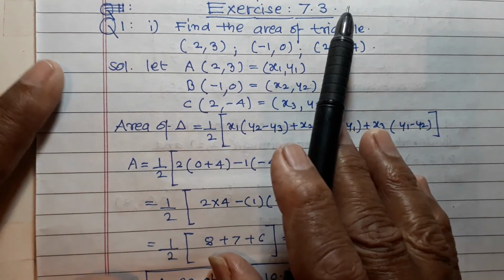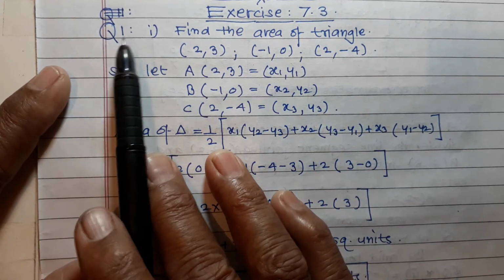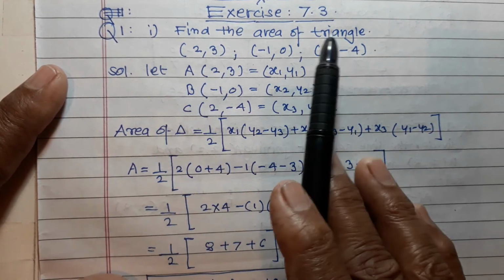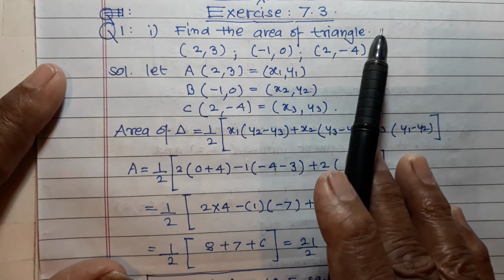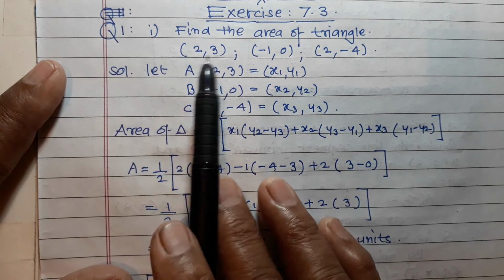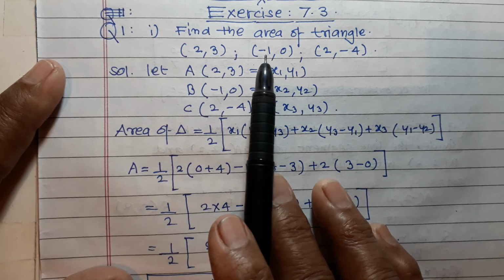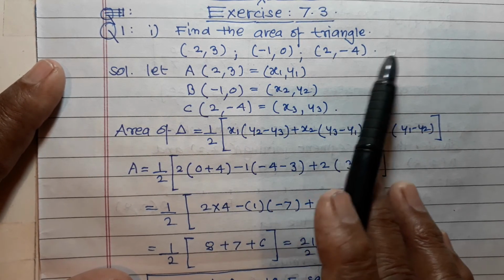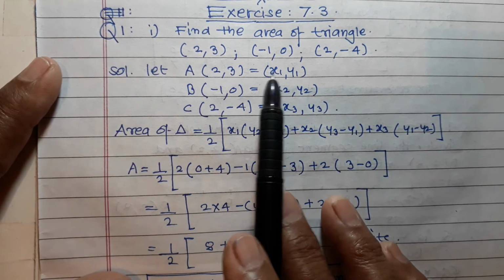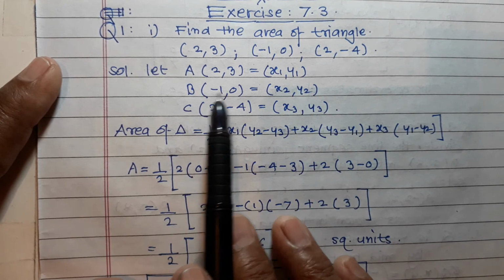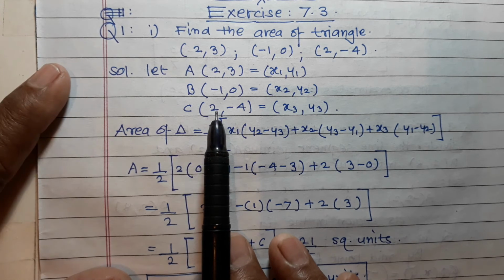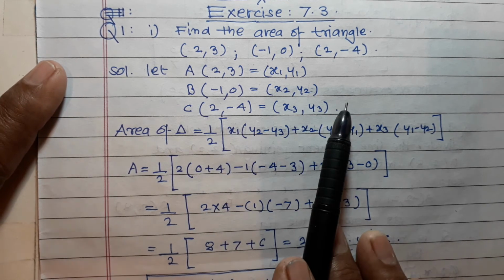Exercise 7.3, question number 1. Find the area of the triangle. You know the formula; I have already described this formula in lecture number 1. The points are (2, 3), (-1, 0), (2, -4). Solution: let A be (2, 3) as (x1, y1), B be (-1, 0) as (x2, y2), and C be (2, -4) as (x3, y3).